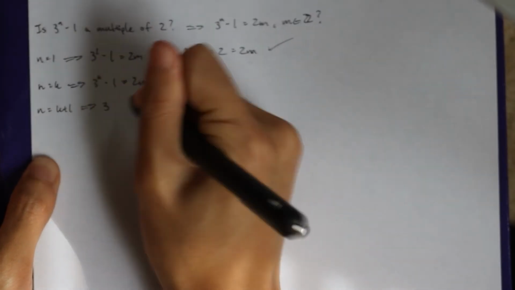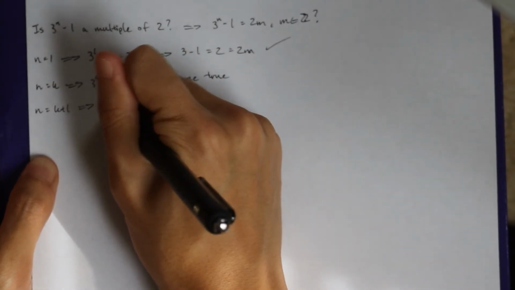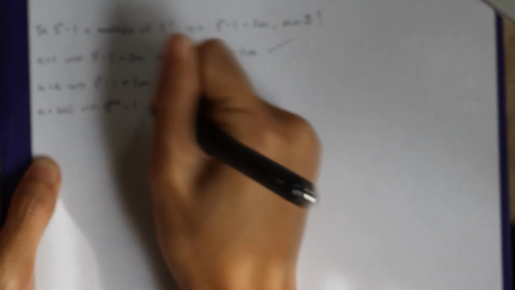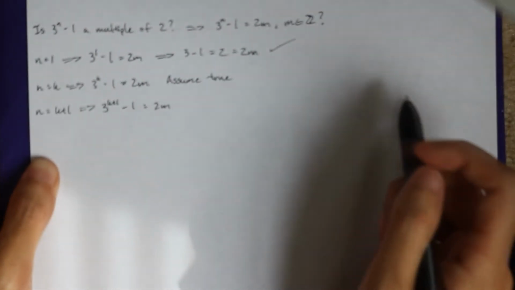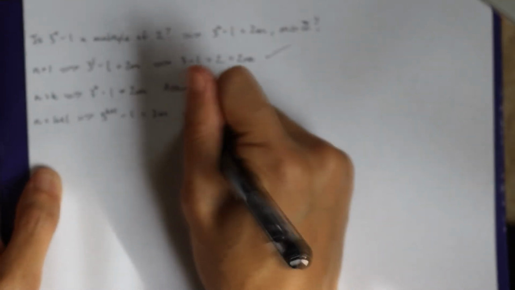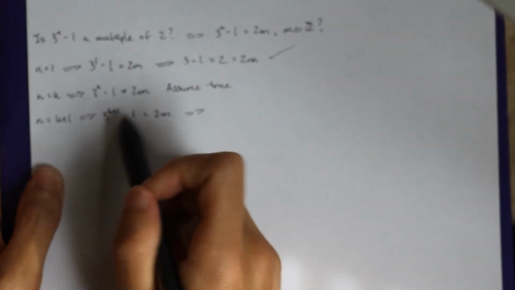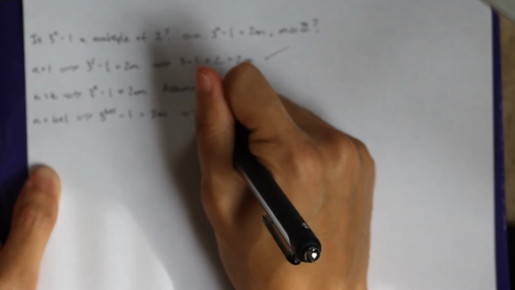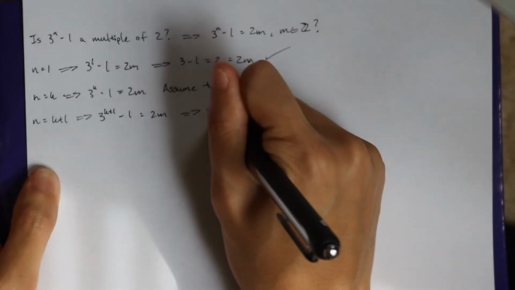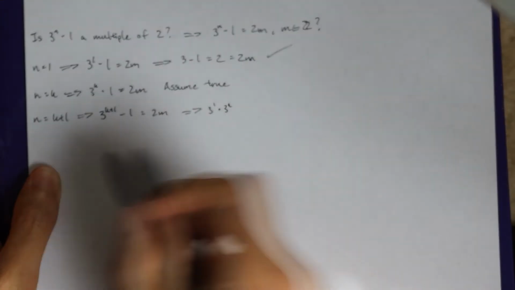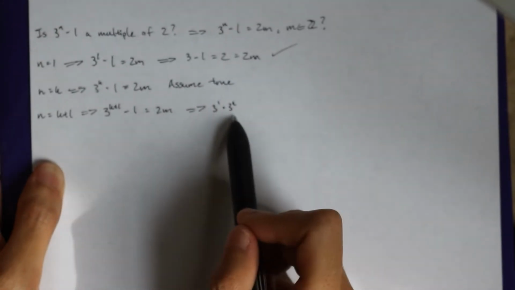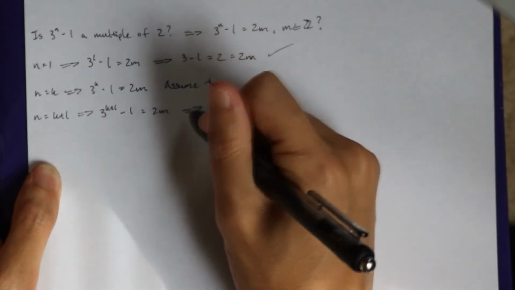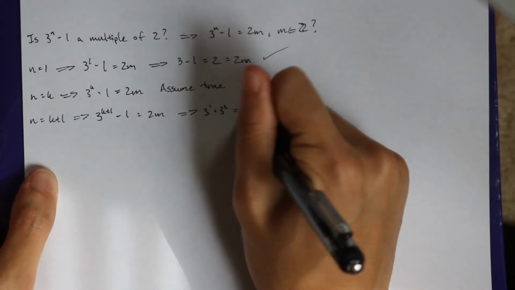So 3 to the k plus 1 minus 1 equals 2m. Is it a multiple of 2? So by laws of exponents, you can actually split 3 to the k plus 1 as 3 to the 1 times 3 to the k, because they share the same base, 3, which is the same thing as k plus 1 for the exponents. So equals 2m.